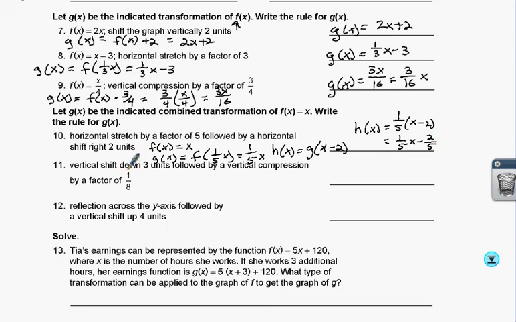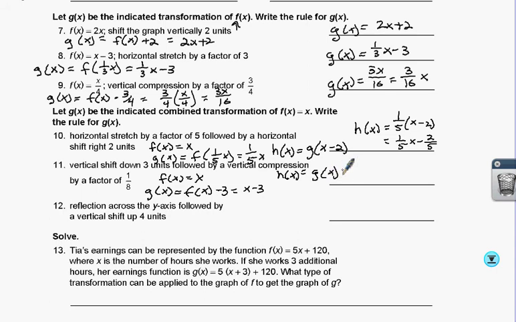Alright, for number 11, here I've got a vertical shift down 3 units. So if f of x is equal to x, g of x is simply equal to the old function down 3. So which is x minus 3. So h of x is taking the g of x function now and a vertical compression.